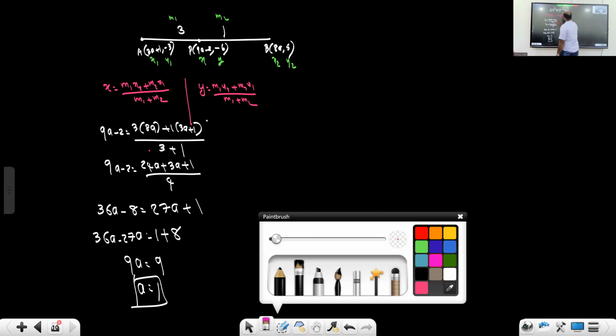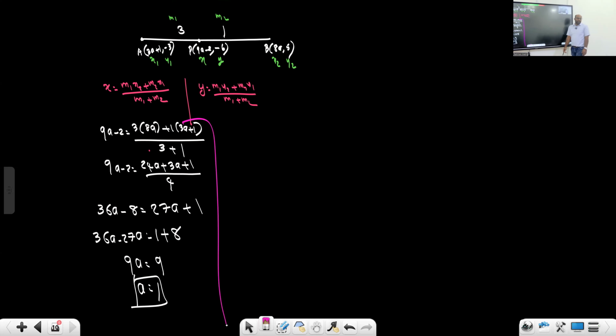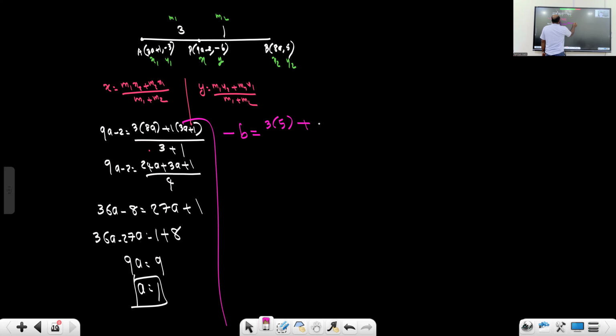Now do the second part. First part check those who didn't get. Y value is given in the question, minus B. 3 into 5 plus 1 into minus 3 by 3 plus 1.